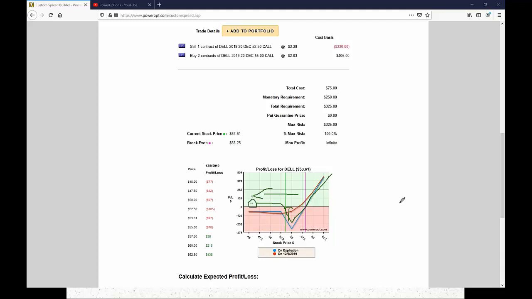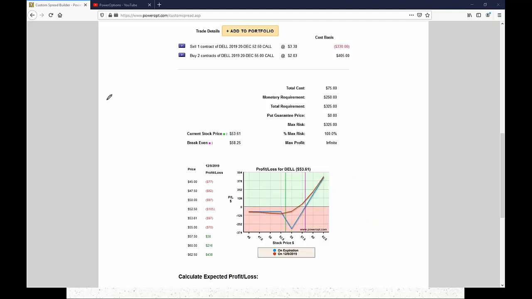Using puts, you'd reverse it, and with a ratio back spread we'd have something that profits infinitely to the downside. You get that large 20% gap up, you're feeling great. You have to close the short option for a loss, but the two at the higher strike counter that. You're looking real good. That's what we want to see with the ratio back spreads.